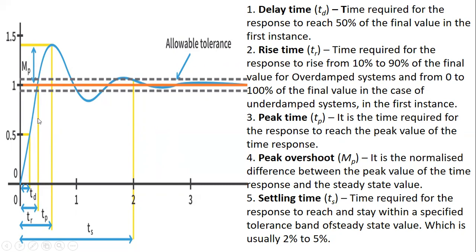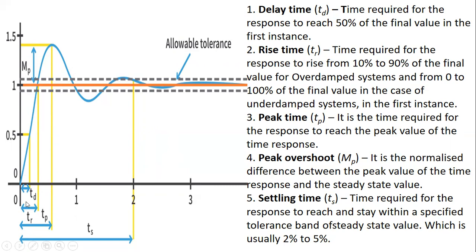So to reach our 75 degrees centigrade or unit step input, what is the time required to reach this point? This time difference is normally taken as the rise time.